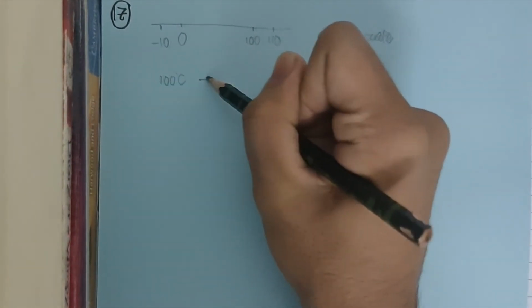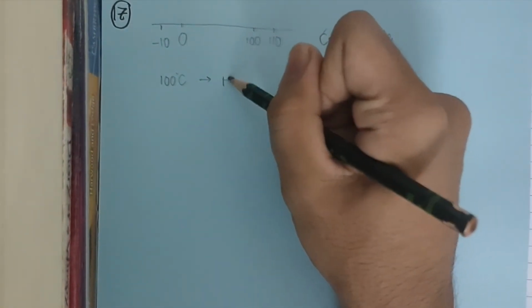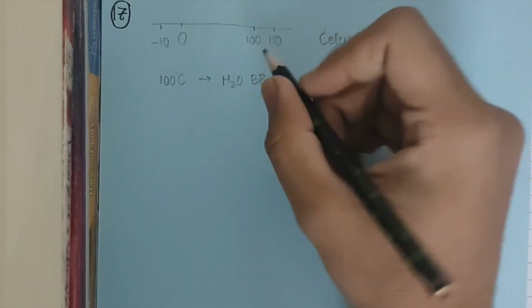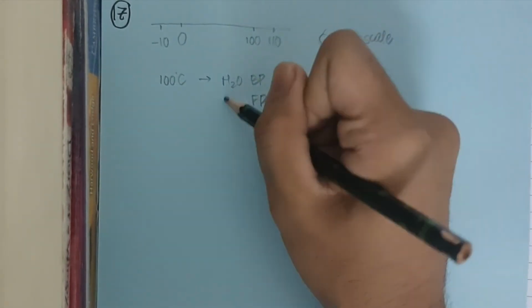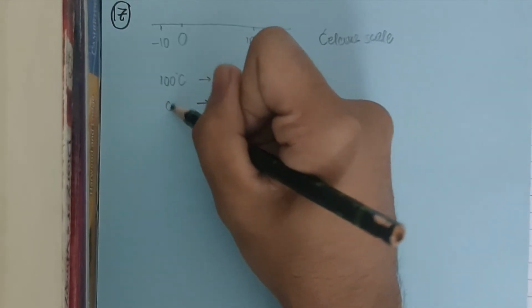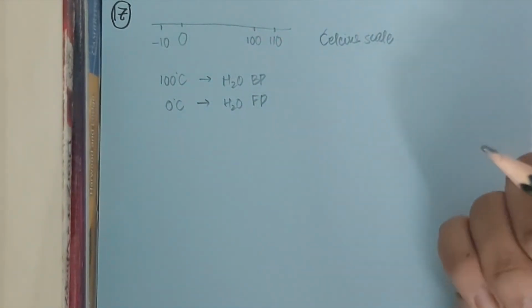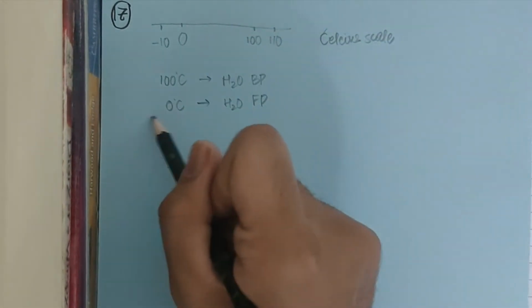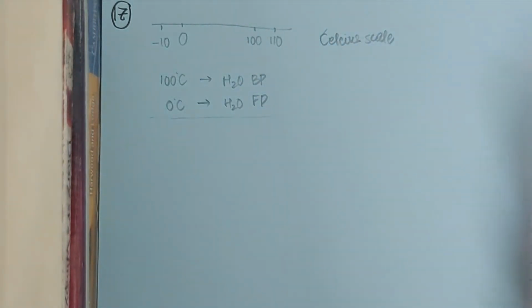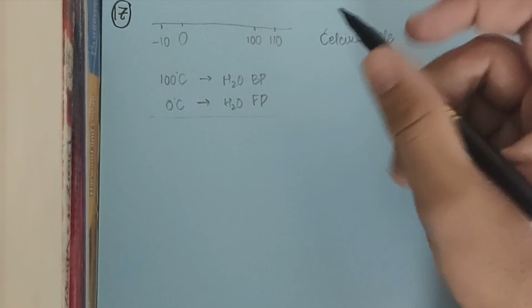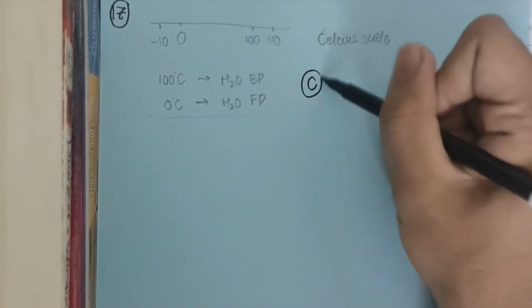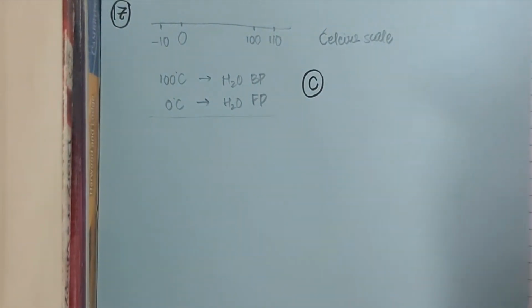So 100 degrees Celsius is always universally the boiling point of H2O, and the freezing point of water will always be 0 degrees Celsius. That's when it becomes ice. So these are the two fixed points that we talk about usually in the Celsius scale. Checking through the options, I think C should be the correct option because, well, these are the fixed points on the Celsius scale.